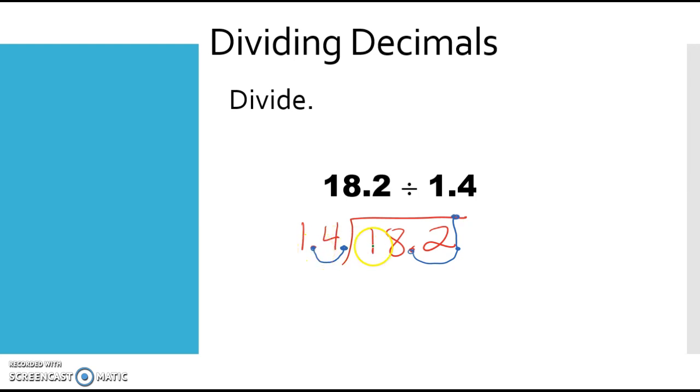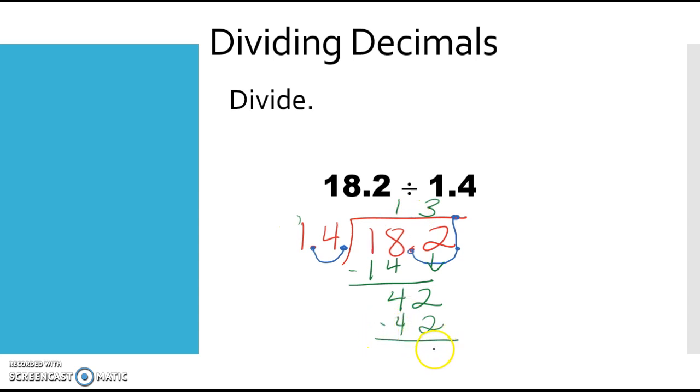So 14 can't go into 1, but 14 can go into 18 one time. We get 4. Then we're going to bring down our 2. And we're going to see how many times 14 can go into 42. And we're going to have that 3 times. So 3 times 4 gives us 12.